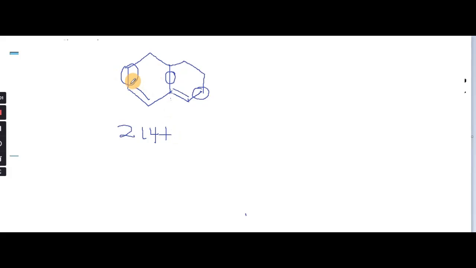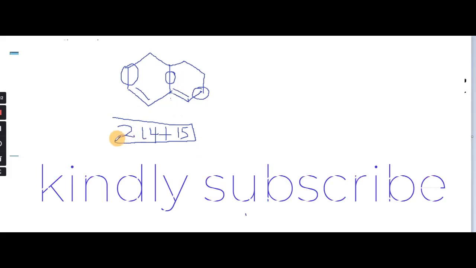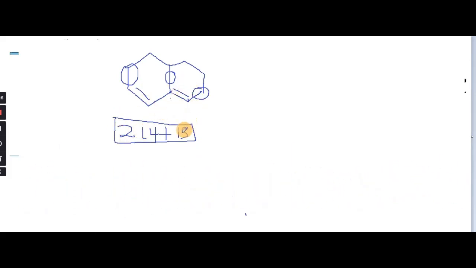Since we have 3 ring residues, we are going to add plus 15. So the wavelength of absorption of this compound is going to be 214, the base value, plus 15 for the acyl substituents. That gives us 229 nanometers wavelength.